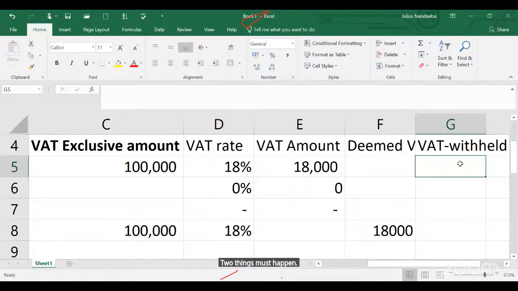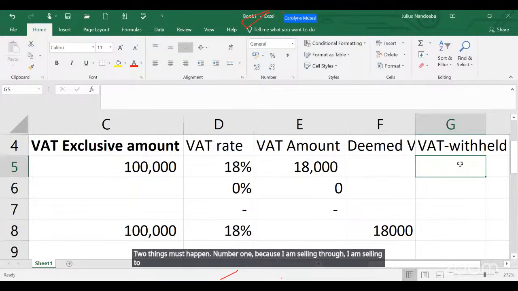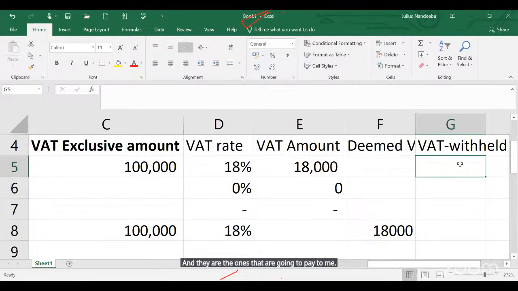Number one, because I am selling to my customers, and they are the ones that are going to pay me. If they are going to withhold from me, two things must happen. They are designated withholding agents, and I am not exempted from withholding tax.